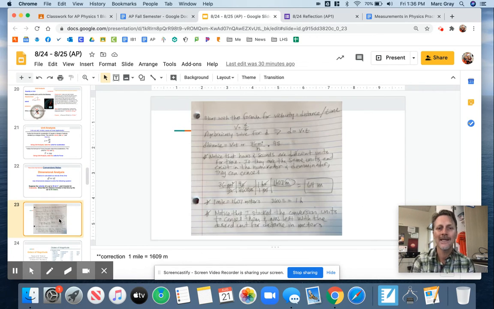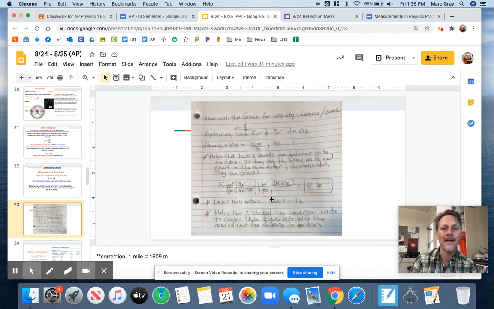So what I would do then is I would take my 36 miles per hour, and notice how I have miles in the numerator and hours in the denominator. I'd multiply it times time in the numerator. And then I would do some conversions. And the goal with the conversions is to get to the place that I want to be. In this case, I wanted to get to meters for distance. So what I would do then is I would take my miles and I would do a conversion ratio where I say 1 mile is the equivalent of 1,609 meters.